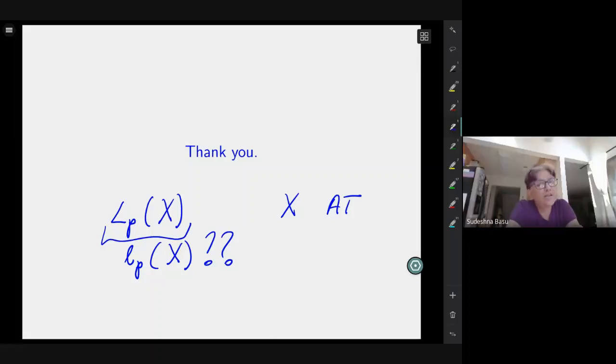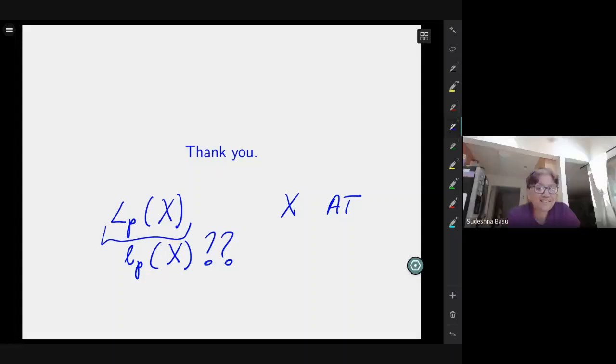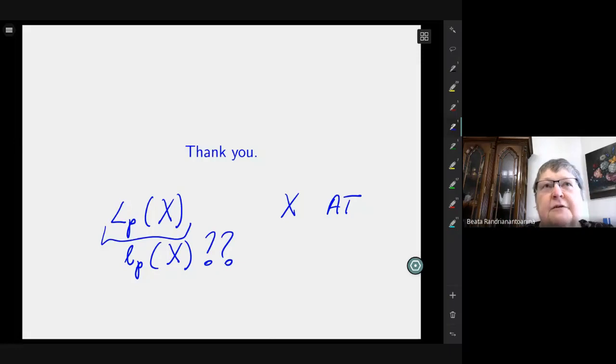Okay, so that was my question. But also, are those spaces going to be separable? Because of the Mazur question, it would be interesting to know it also for that kind of examples. We are interested in non-separable examples also.